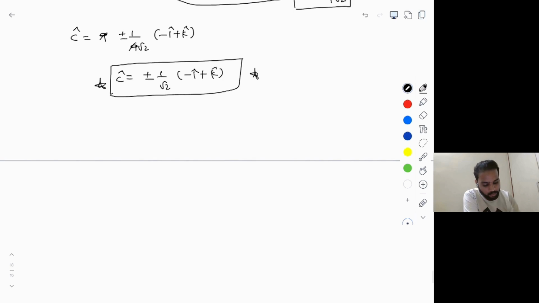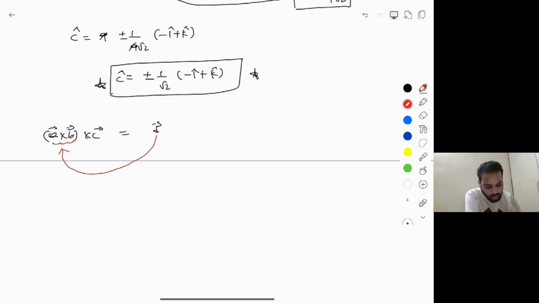Observe carefully. Whenever we have A cross B whole cross C, and if I'm taking it as some vector D bar here, what do we need to understand? First, look at the vectors in the bracket, which are A bar and B bar, right? Which means D bar and A bar, B bar will be coplanar.